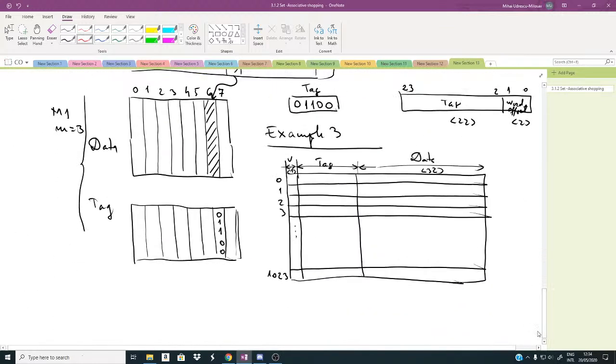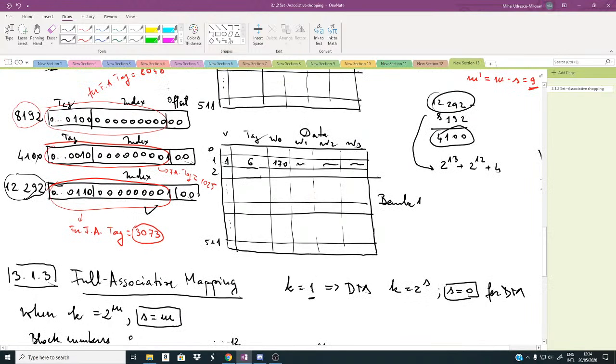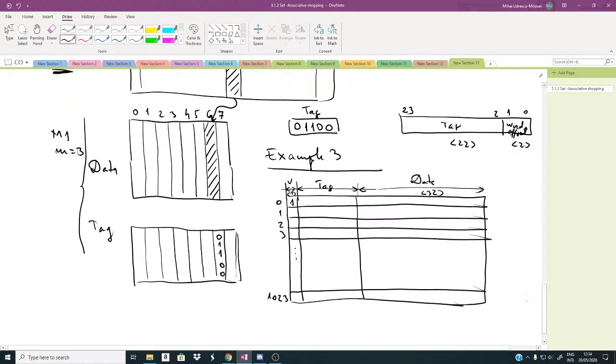Now here, when the processor executes the first instruction, I'll have one. The tag would be, as computed here, 2048, right? And the data, of course, the four words: 230, and don't care, don't care, don't care.